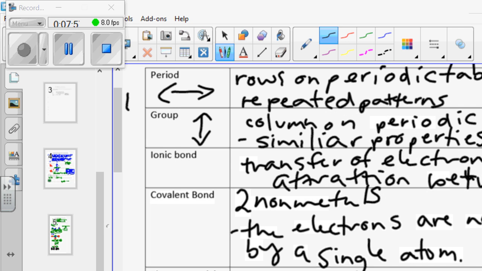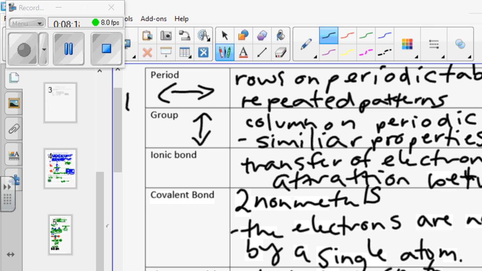Electronegativity is an atom's tendency to attract and form bonds with electrons.